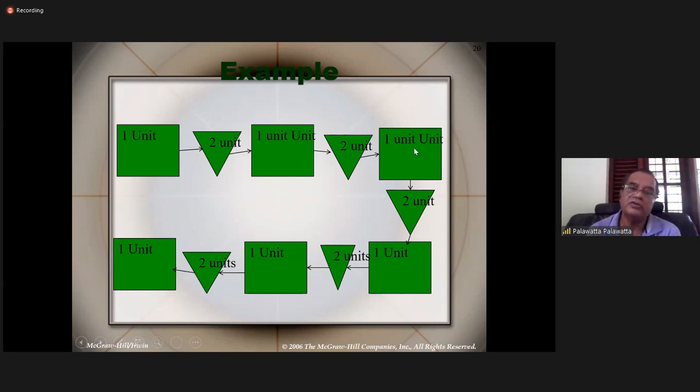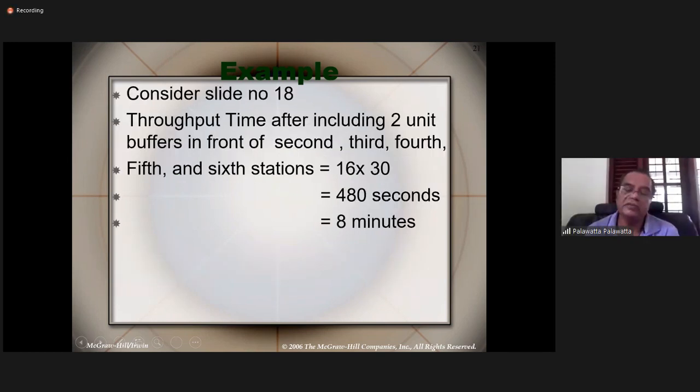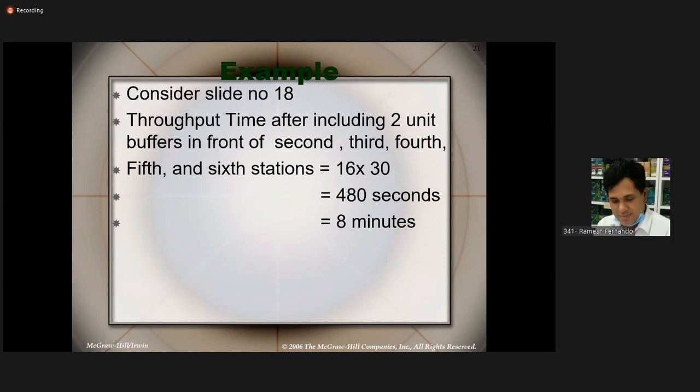And here also, once this one is completed, the next in line will be taken, not the one that immediately came from the previous stage. That's how the delay happens. So a new one coming will take 16 times 30 seconds. That's how you get 8 minutes. You got it?